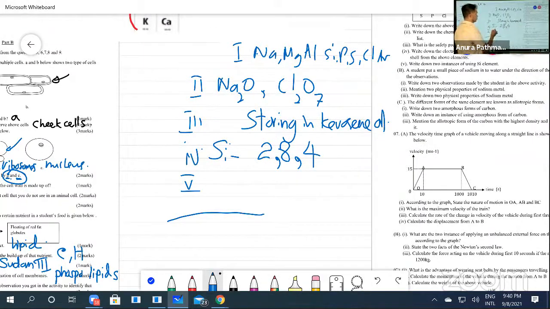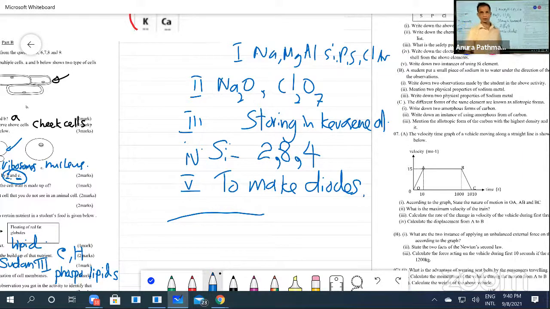To make diodes. Another one? Make solar cells, to produce solar cells. Anything else? Making transistors and diodes. What is the question? Write down 2 instances of using silicon.